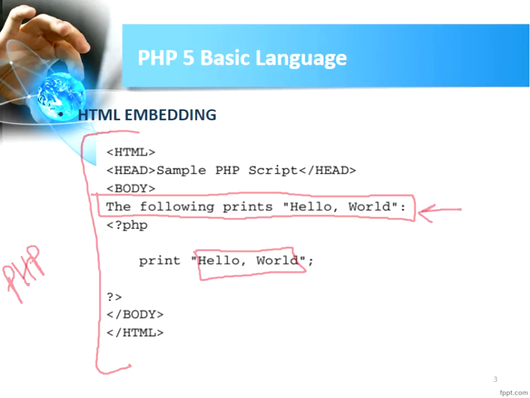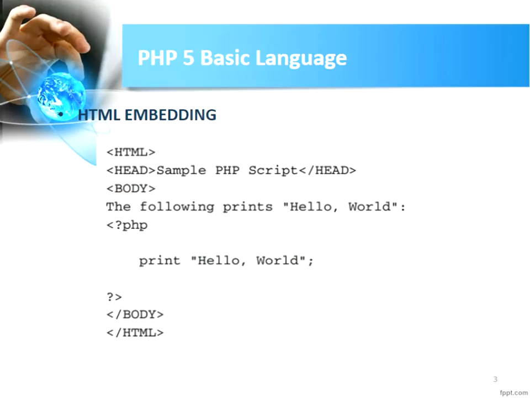So the following prints hello world will be displayed in the browser. After that I find this PHP code, and in this PHP code there is an instruction to print hello world. So hello world will also be displayed. After that, end body and HTML.